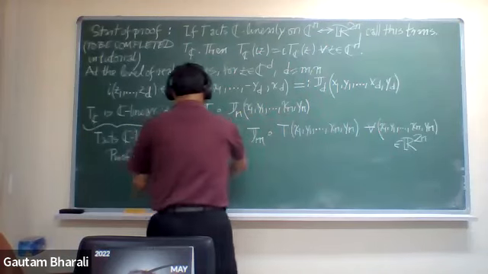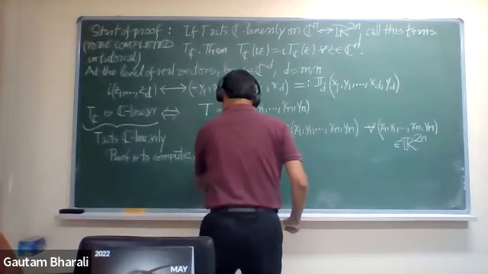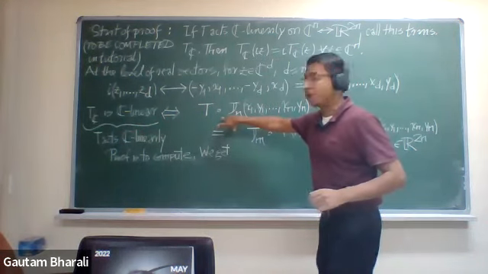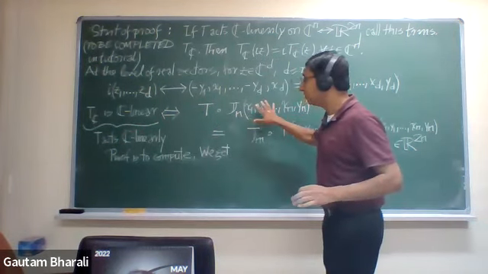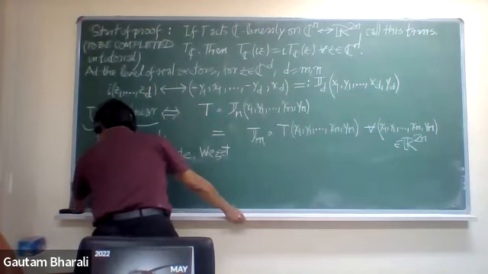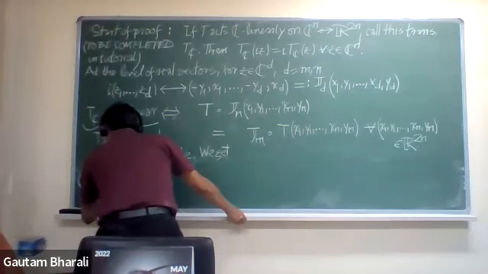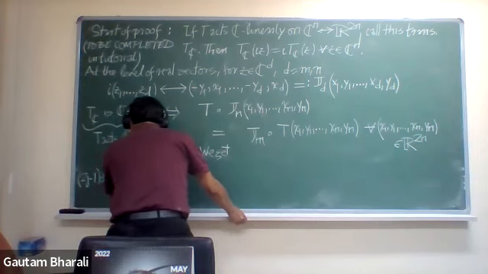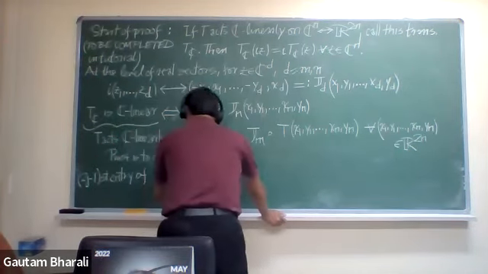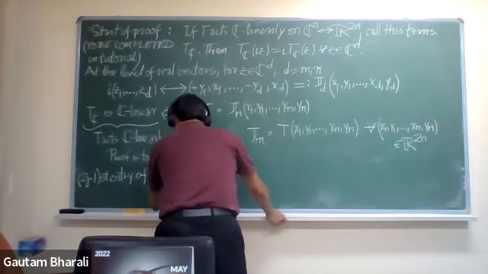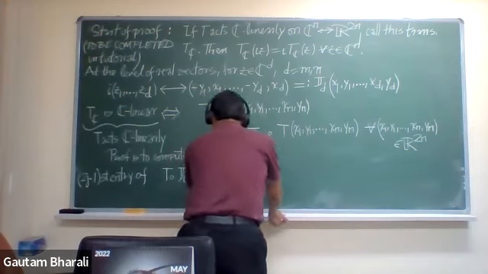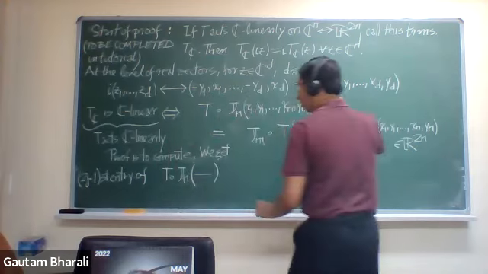So let's look at the 2j minus first entry of this vector: the 2j minus first entry of T composed with Jn acting on, well, this long thing.